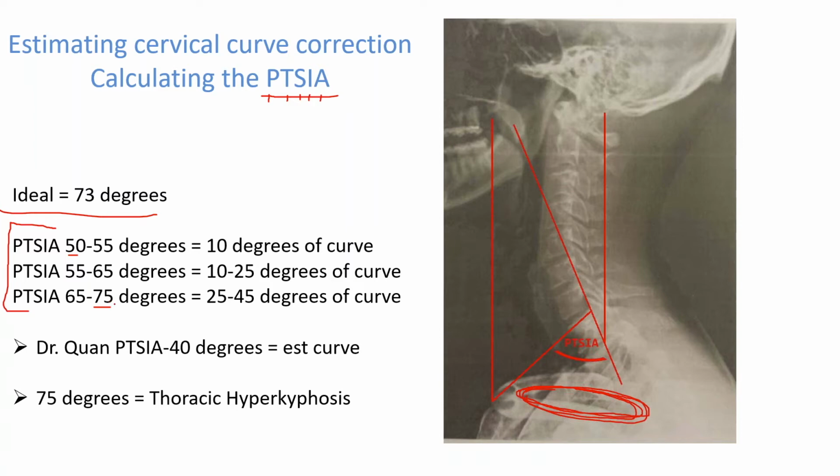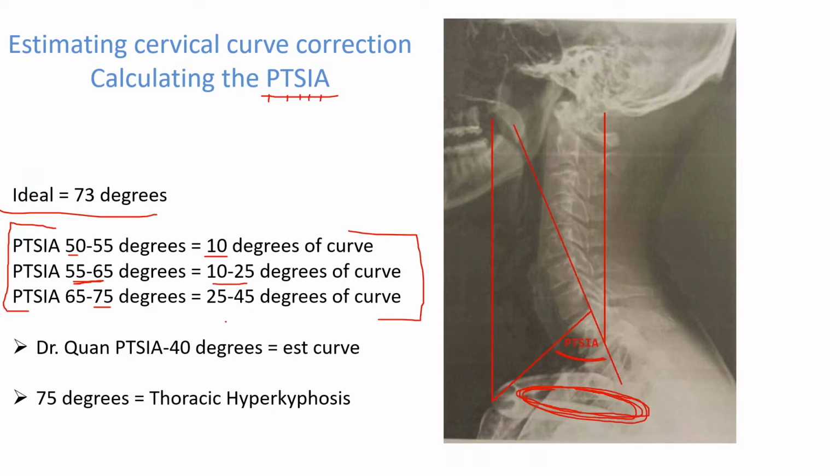These are patients that generally have a loss of cervical curve. And so these are going to be our cervical dental roll candidates, but they're not all going to have the same curve correction potential. So I gave you my estimate last time. I said approximately, if you're running in these degrees of pizza angle, you can expect 10 degrees of curve correction. And then between these degrees, you can expect this kind of curve correction.